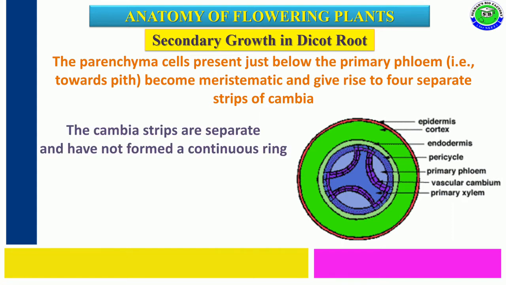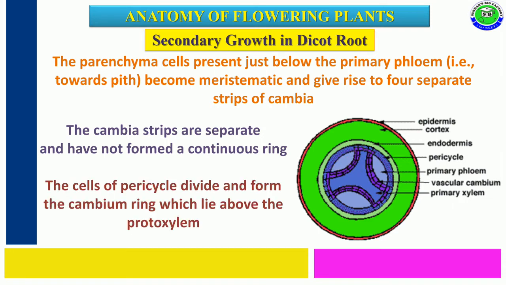But this cambium does not form continuously as a ring at the beginning. Below the phloem, towards the pith, cambium strips develop.